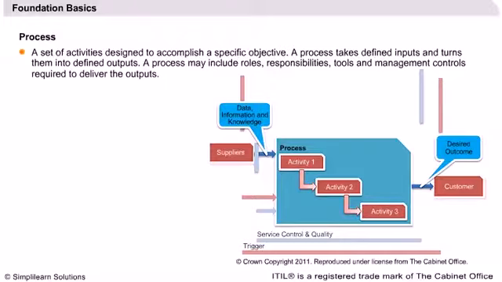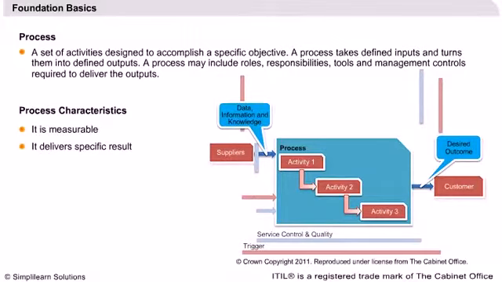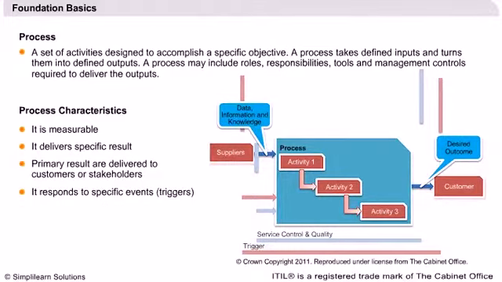We also need to learn the basic characteristics of any process. The characteristics of the process are that it is measurable, it delivers specific results as expected by customers, primary results as agreed with customers are delivered to customers or stakeholders, and it responds to specific events or triggers.